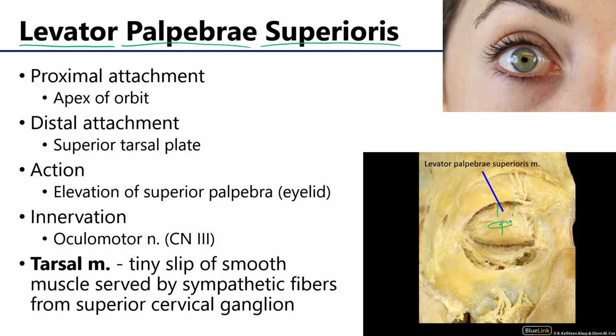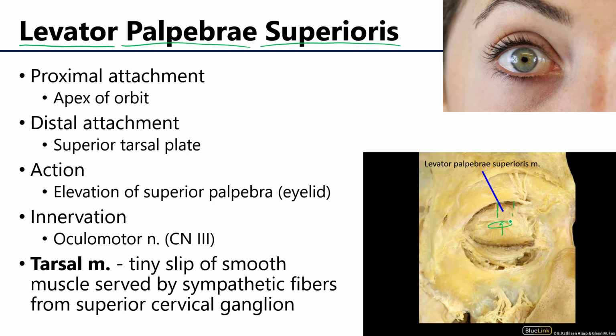And as we've discussed earlier, there is a small, rather special component to this muscle. There's a little bit of smooth muscle as part of the skeletal muscle belly that's known as the tarsal muscle. And as you may recall, smooth muscle is not innervated somatically, it's innervated autonomically.